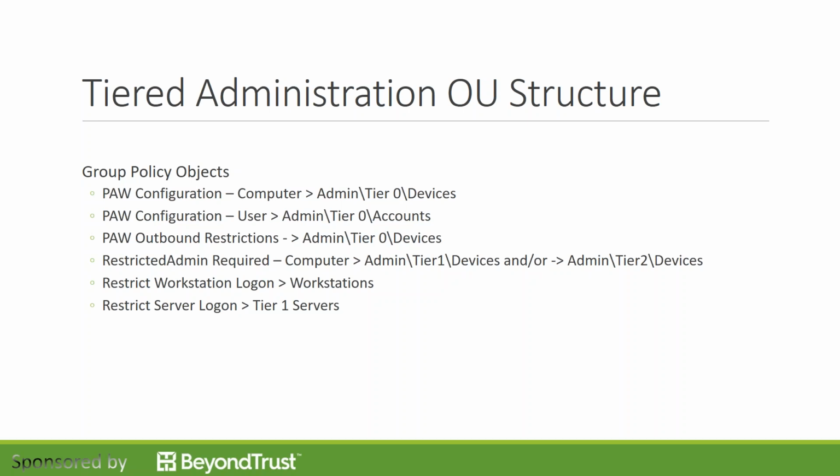There is a template of firewall settings that you can import into a group policy object to create this one automatically. But if you go back to that link on the slide 2 slides back, there's a whole list of instructions about how to create these group policy objects. It's quite a long process, but you can create them manually and link them to the OUs, as you can see in the slide there.